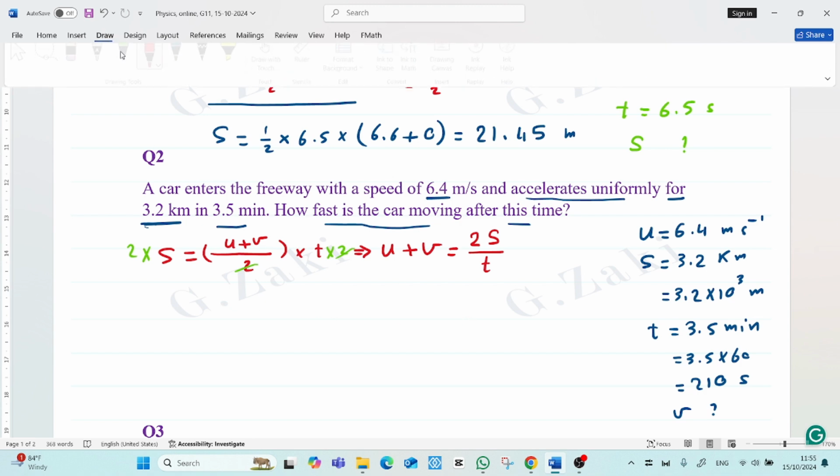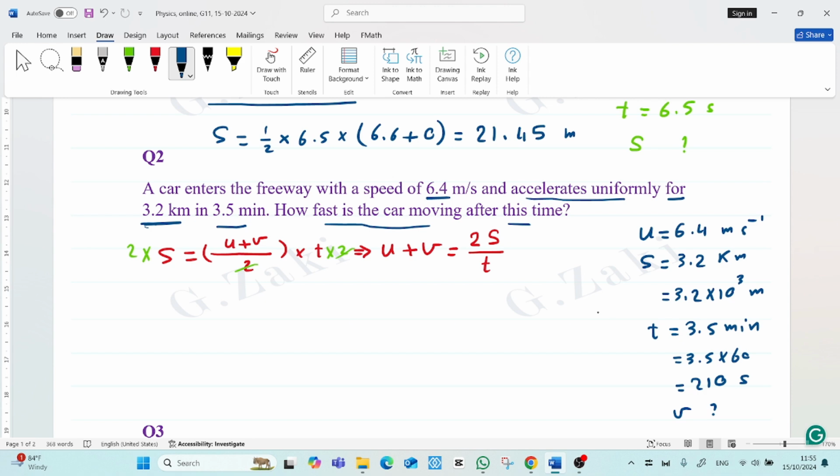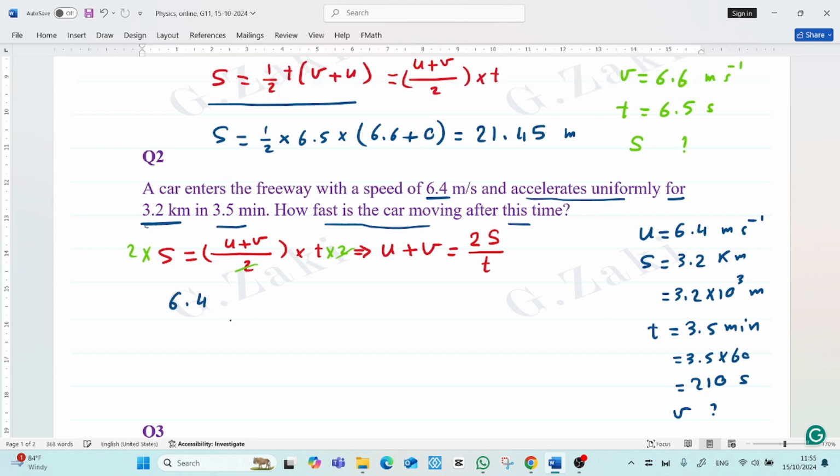Now we do substitution. So U is 6.4 plus V, V is the required, equals 2 multiply S, the displacement, which is 3.2 times 10 to the power 3, divided by the time in second, 210. We calculate this.